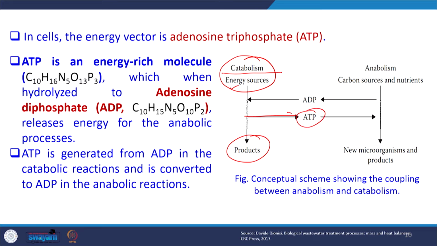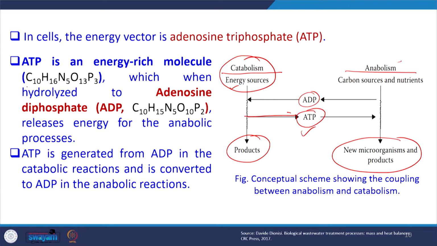This ATP gets transferred into the anabolism reaction, where ATP, which is actually the energy source, is utilized and we get new microorganisms and product, and during this reaction ADP gets formed, which is transferred back to the catabolism reaction.